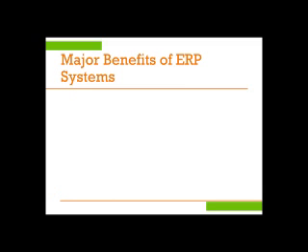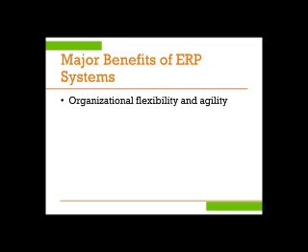So just to summarize some of the major benefits of ERP systems. A properly implemented ERP system provides the organization a lot of flexibility and agility to be able to make changes and react to market changes quickly. There's a lot of dynamics, especially in a global economy.